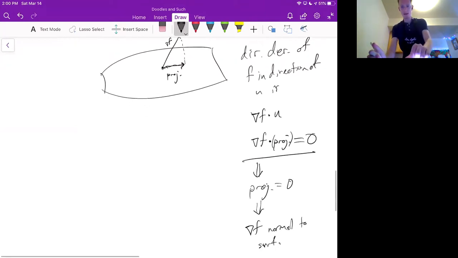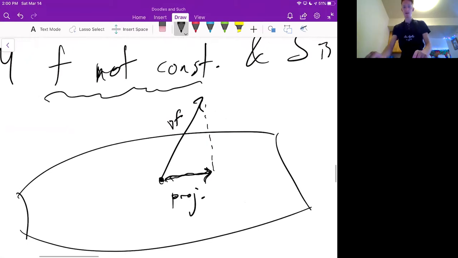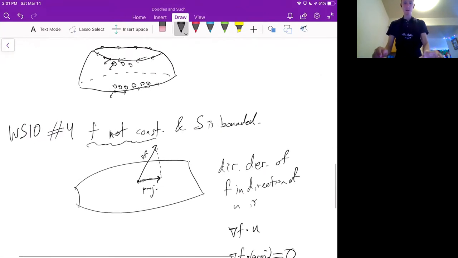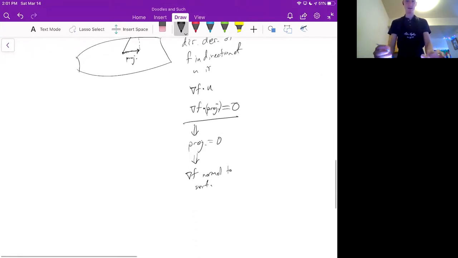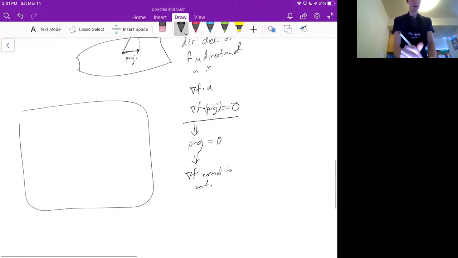The only way to have my gradient vector's projection onto the surface be zero is for the gradient vector to be sticking straight out of the surface, totally normal, not pointing in any weird direction relative to the surface. So the moral of the story is that the gradient of f is normal to every level surface.